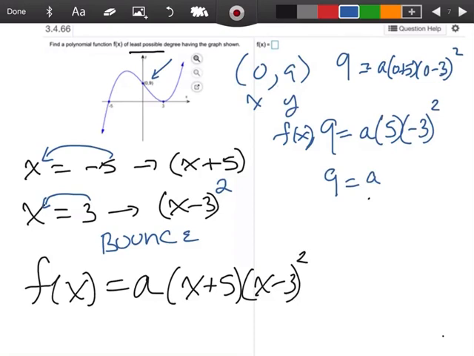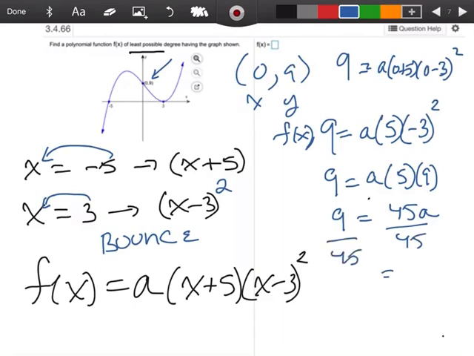So 9 equals a, this is 5. Now (-3) squared is 9. So 9 equals 45a. So when we divide both sides by 45, these are going to cancel. We can reduce this to 1/5.